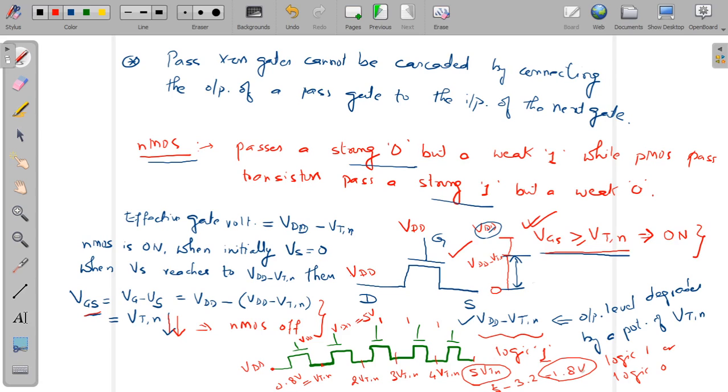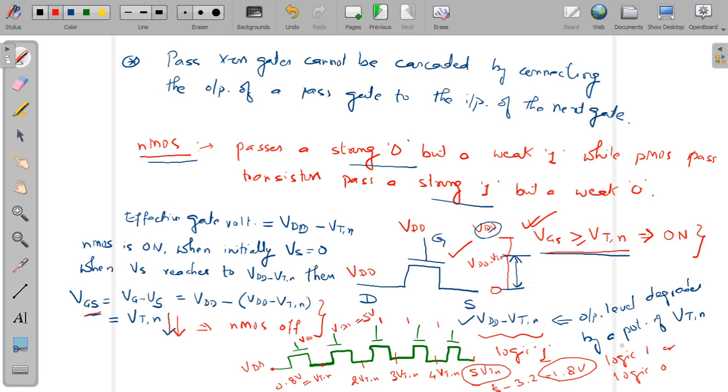So that is the issue here: after each stage the voltage gets degraded by an amount equal to its threshold value, and after several stages it becomes a serious problem, and the logic level may actually switch and indicate a wrong logic level.